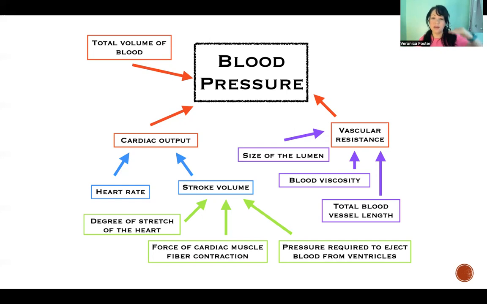If one is increasing blood pressure, then we can use another variable to bring it back down again, or vice versa. In some cases, we're not able to compensate, and that's where somebody ends up with chronic high blood pressure. So if too many of these variables are askew, essentially, we may not be able to control for it, and then we end up with chronic high blood pressure.